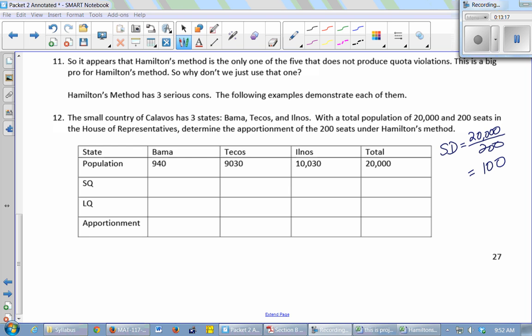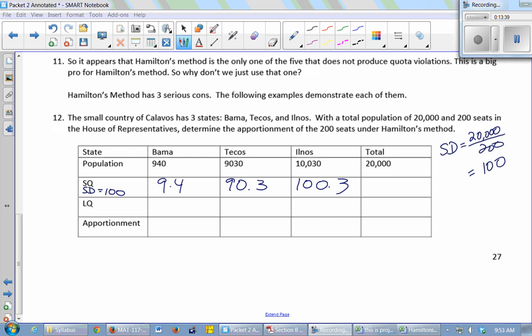So now I take each state's population and divide by the standard divisor. So often we write in here what you're dividing by if you want to have it like in your table. So I can put it right there. So dividing by 100, that's easy. I like that. So we have 9.4, 90.3, 100.3.